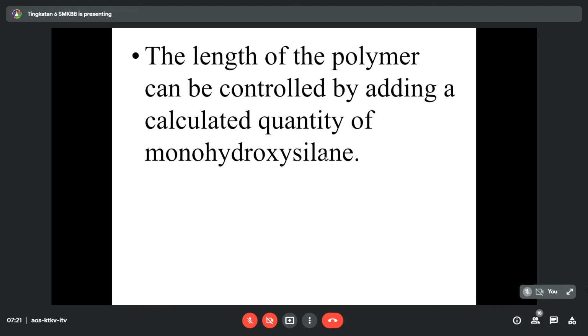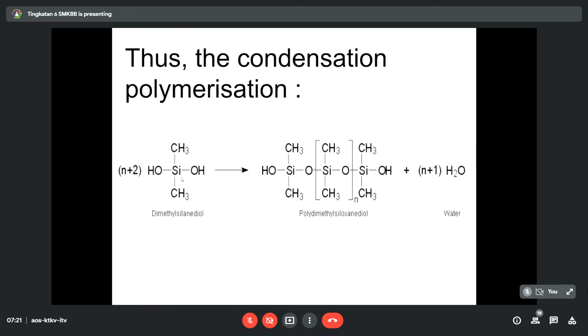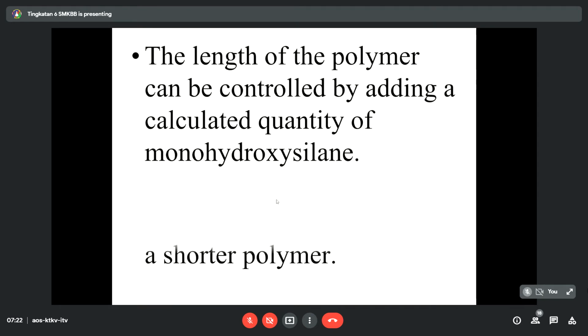Just now we got diol. That means our starting material contained 2 OH. See that? If you want it to stop, you add in another type of monomer which contains only 1 OH, let's say containing 3 CH3 and only 1 OH. So it can be controlled.